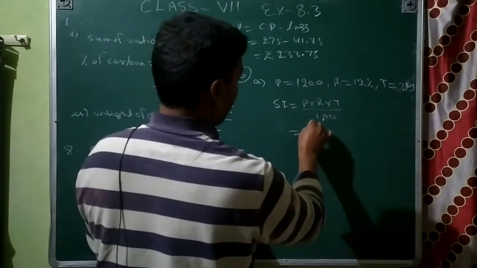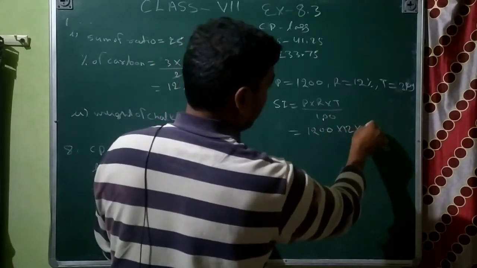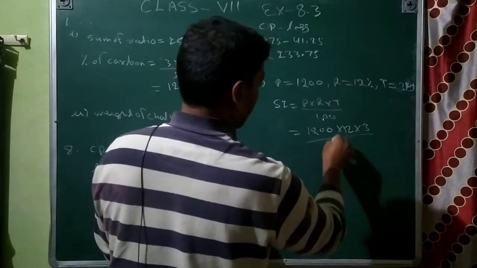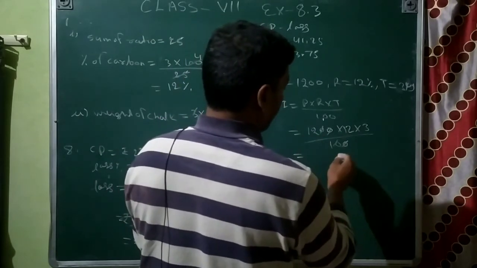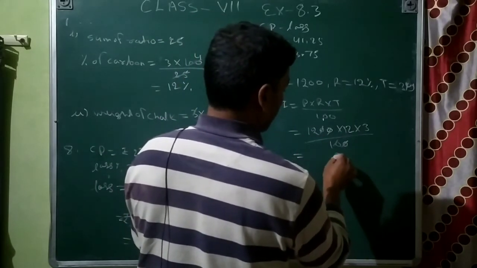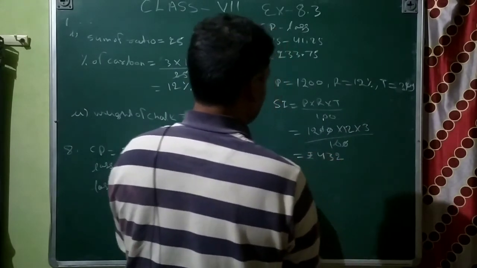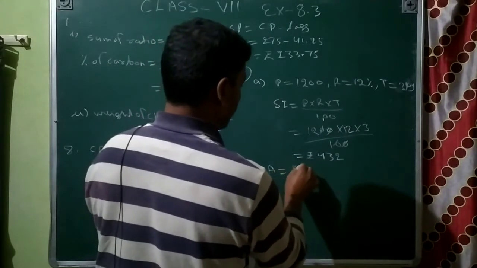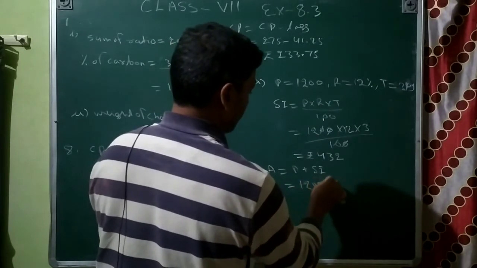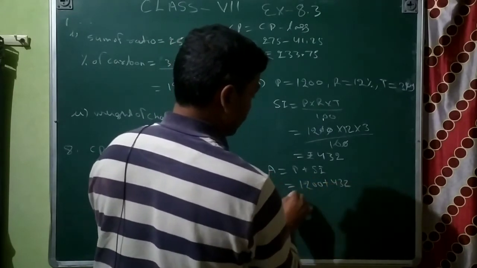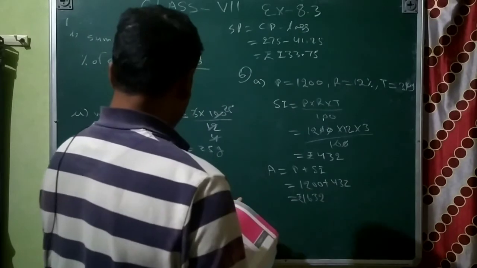You must remember this formula. 1200 multiply 12 multiply 3 upon 100. So 12 12s are 144, 144 3s are 432 rupees, that is SI. So amount is equal to P plus SI, so P is 1200 plus SI is 432, so that is 1632 rupees, that is the amount.